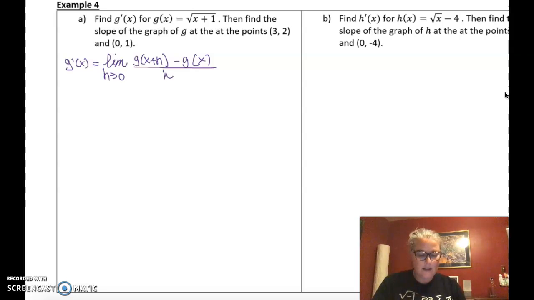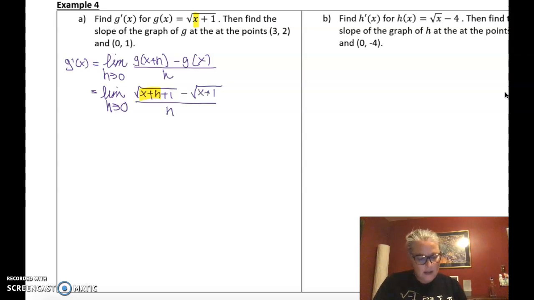So if I'm substituting in, I get the limit as h approaches 0 of wherever I see the x, I'm now putting in x plus h. So that's going to give me the square root of x plus h plus 1, because I'm replacing the x by x plus h. And then minus g of x, which is just the square root of x plus 1, over h.